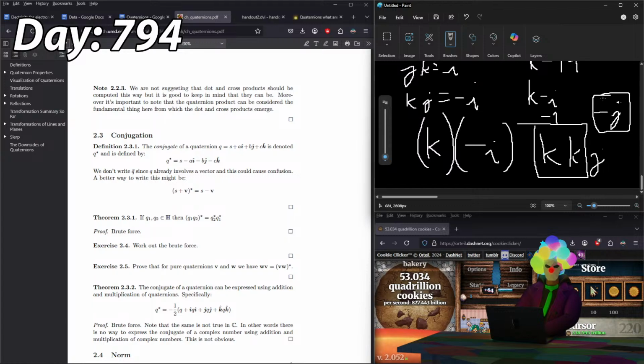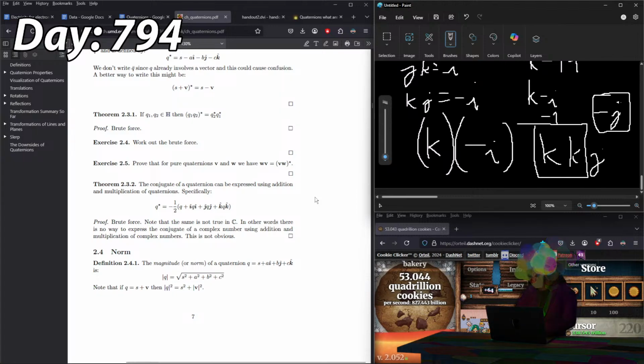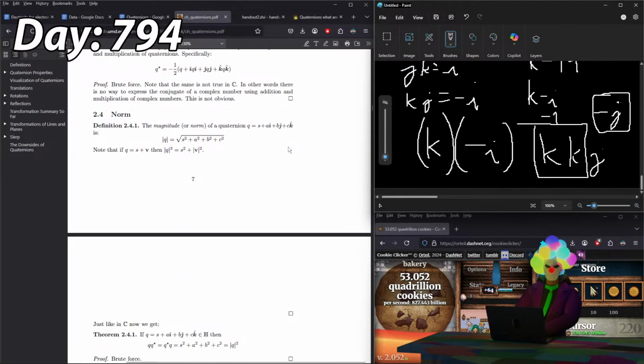Just raise it to the power of 4, then you make regular numbers. Genius. Okay. Proven with an F. Okay, magnitude and norm of quaternions goes this way, which I'm just not gonna question.